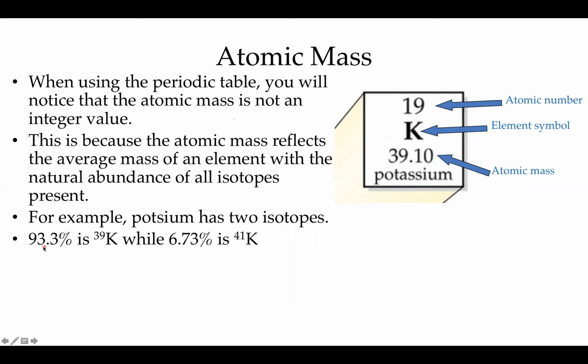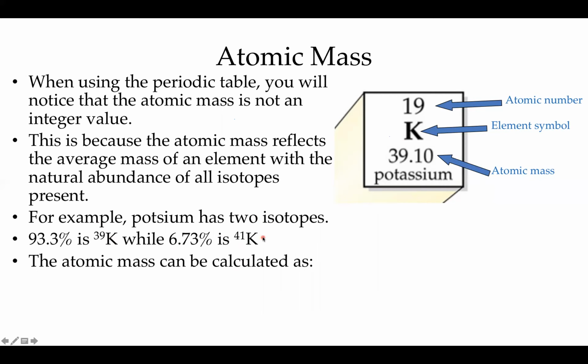However, over 93% of potassium is 39, while only less than 7% is potassium 41. So it isn't too surprising if I go out in nature and I take the average atomic mass, it will be a lot closer to that 39 than it will be to the 41.